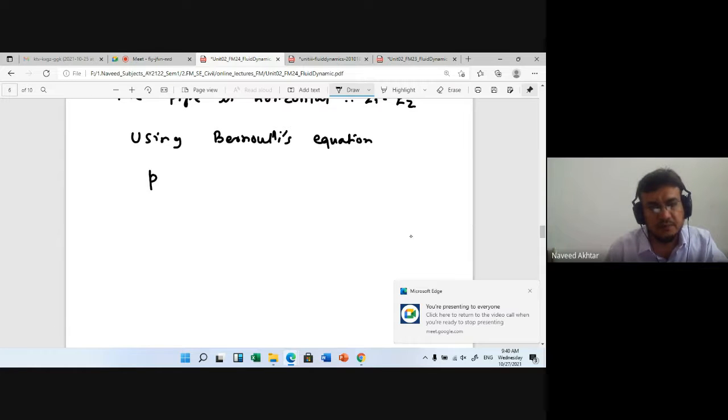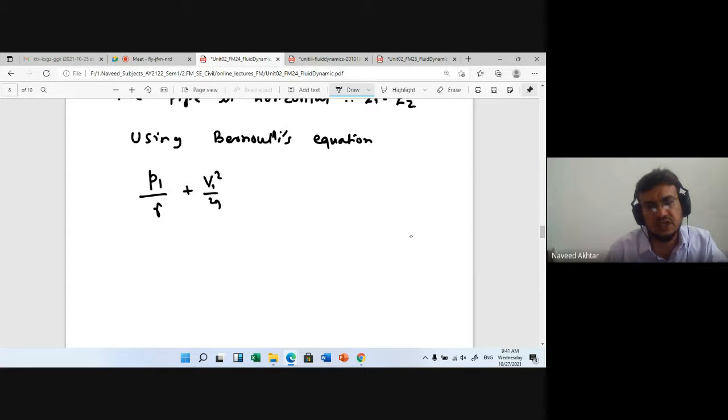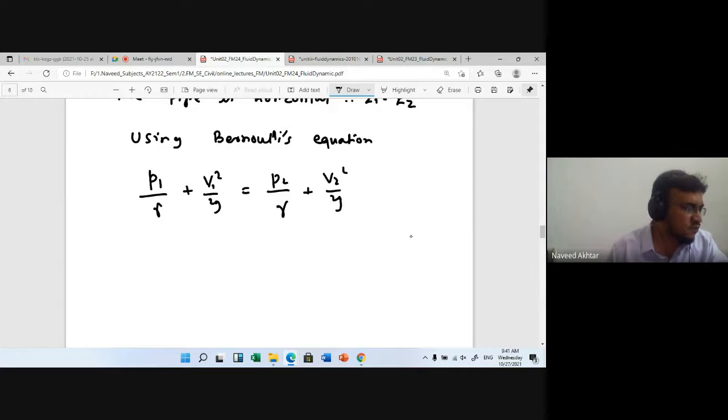It means that P1 upon gamma plus V1 square by 2g is equal to P2 upon gamma plus V2 square by 2g. Z1, Z2 terms will not come. There is no head loss given, so that loss term will not be there.